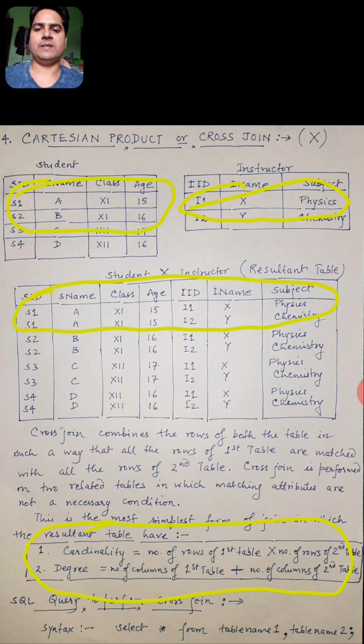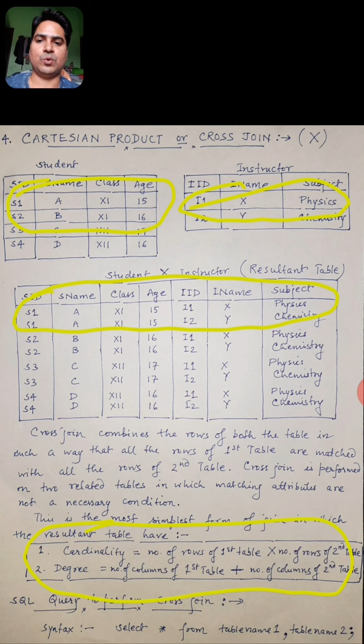Cross join is nothing but the simplest form of join in which there is no condition and every row is matched from both the tables. Here you can see S1A, 11th, 15 in the resultant table. Then I1, X, physics. X is the first instructor.